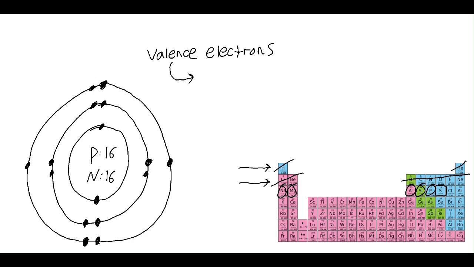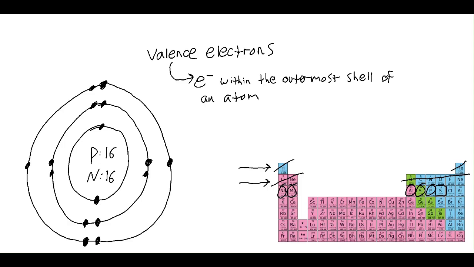Next, I would like to define an important term. Valence electrons are the electrons within the outermost shell of an atom. So for our example, the third shell is the outermost shell, and it has 6 electrons.